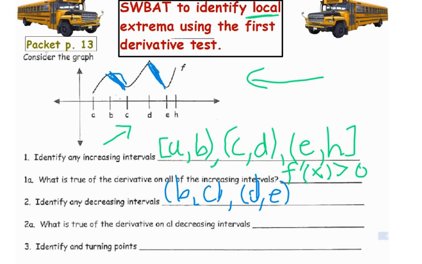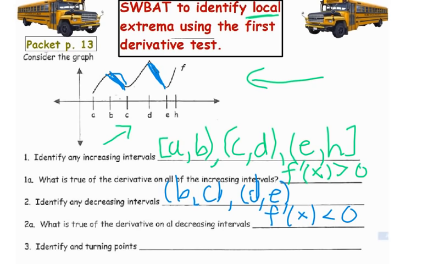And similarly, we can see that the slopes of the tangent lines in those regions would be negative. So what's true of the derivative on all decreasing intervals? We will say specifically and precisely the first derivative f prime of x is less than 0 when the function is decreasing. These are, again, ideas we've discussed in class, but we're just kind of formalizing them now.